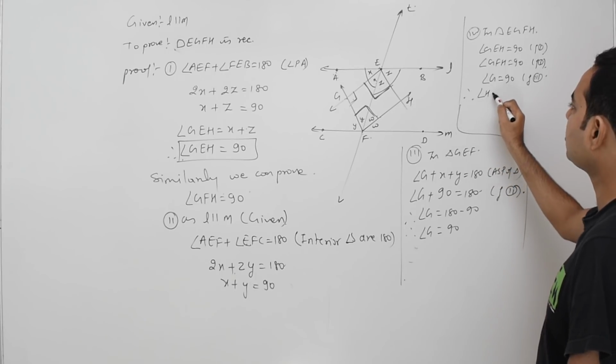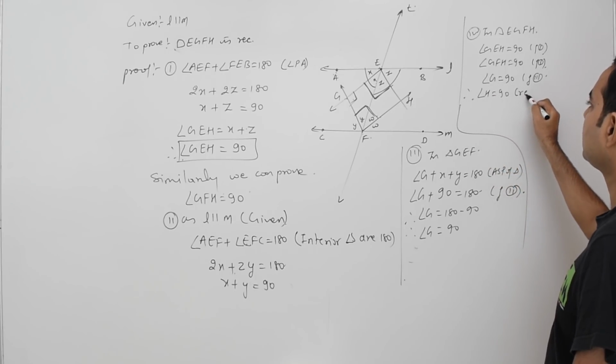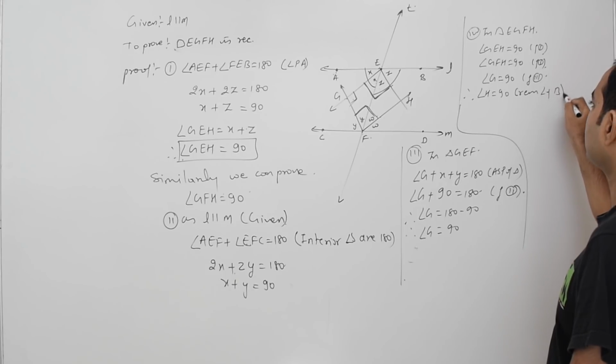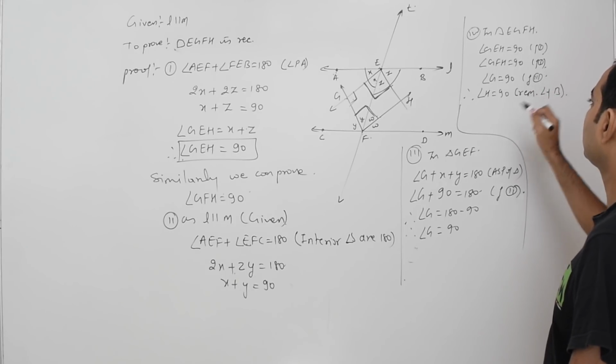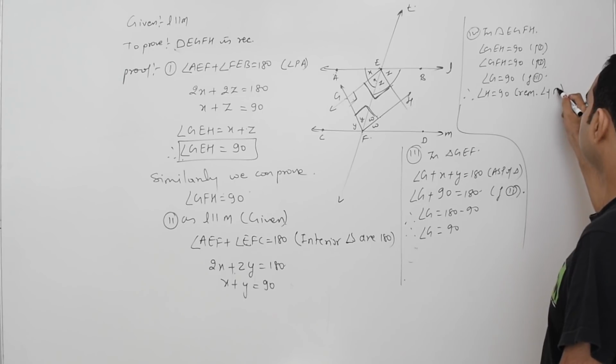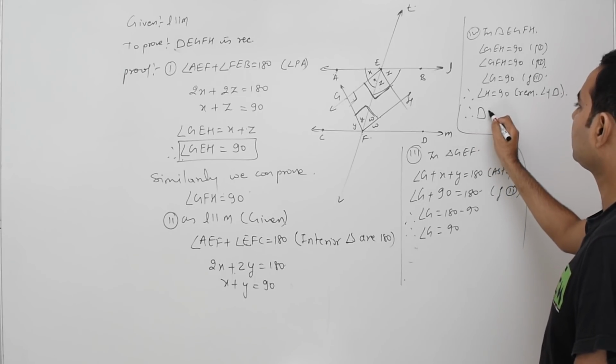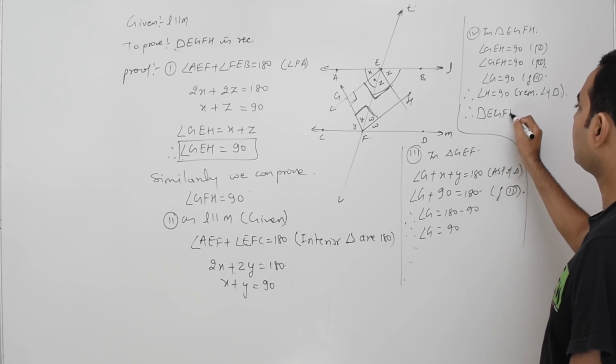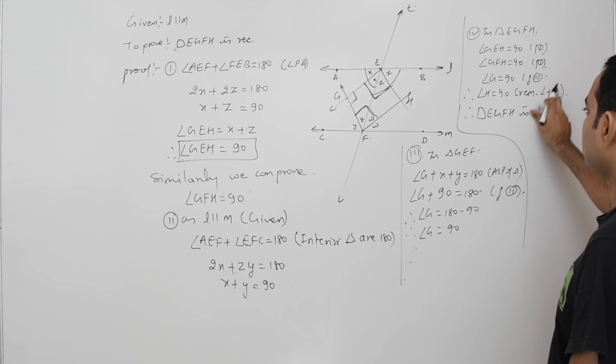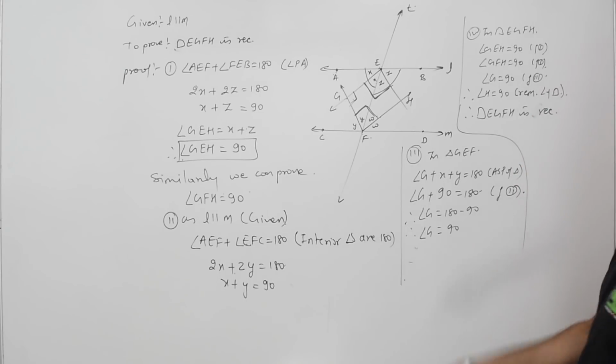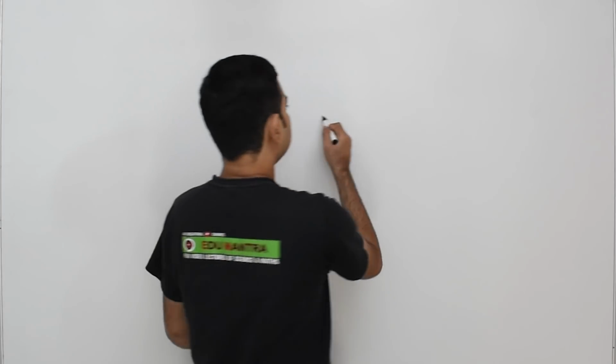Therefore angle H is equal to 90, the remaining angle of the quadrilateral. Therefore quadrilateral EGFH is a rectangle. Again a simple question, but again an important one.